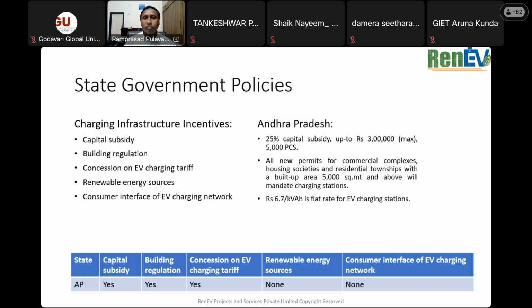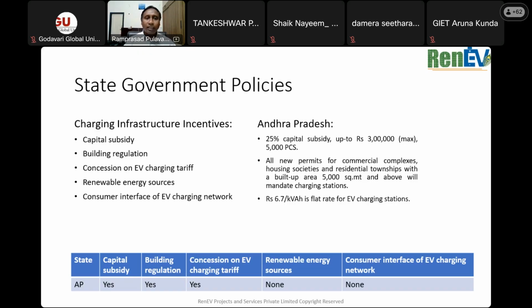That policy came in 2024. So for any new permits, with a built-up area of more than 5,000 square meters, you are by law supposed to have a charging station or a charging facility inside the complex.